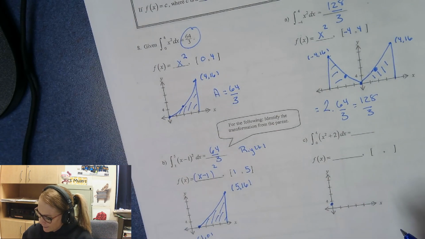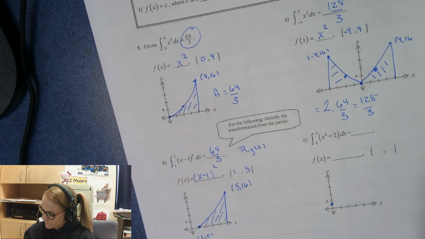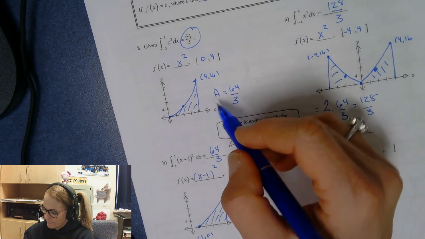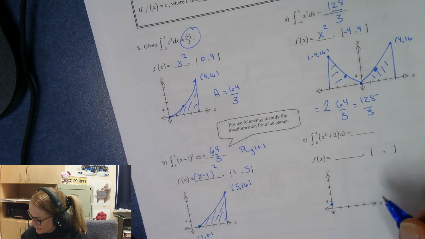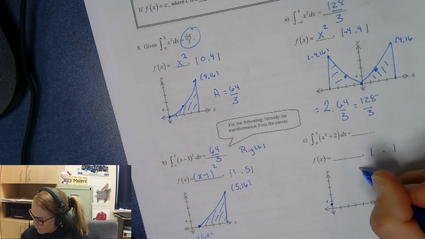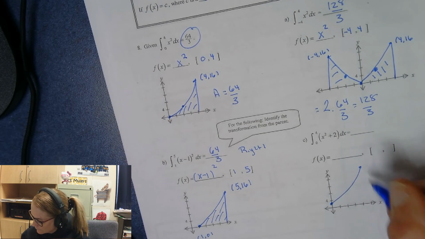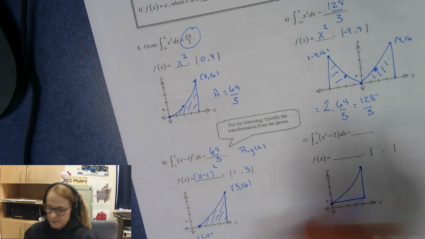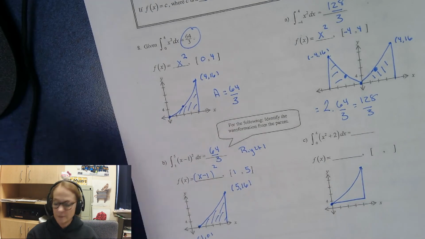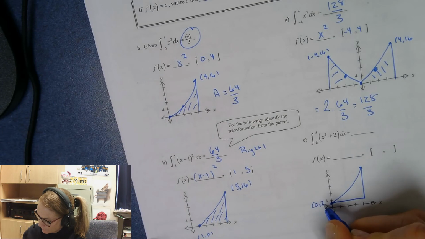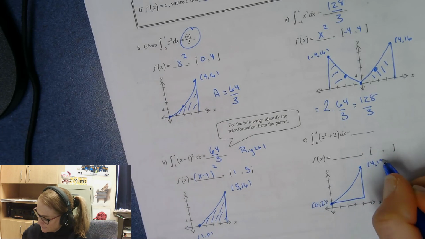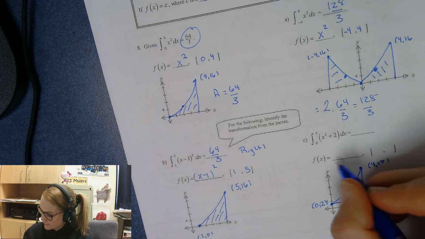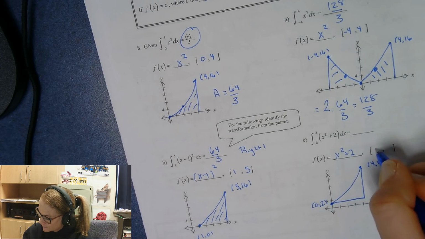Okay, and instead of at 4, 16, I'm going to be at 4, 18. Okay, so it's going to look something like this. All right, so let's label that 0, 2, 4, 18. Okay, so this is x squared plus 2 from 0 to 4.